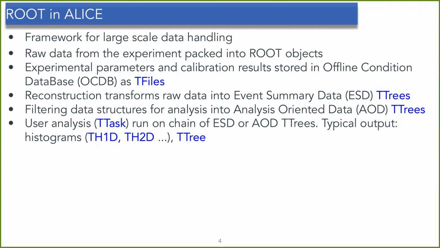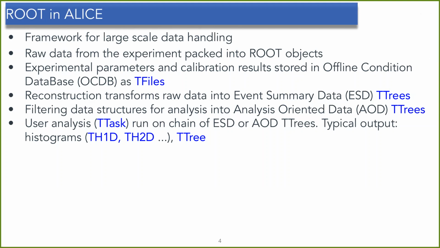Then we use our analysis tasks to run over these ESD and AOD TTrees and get the output in terms of various ROOT objects like TH1D, which is the one-dimensional histogram, TH2D, the two-dimensional histogram, and TH3D. So we can see that in every step of our analysis, we need ROOT.